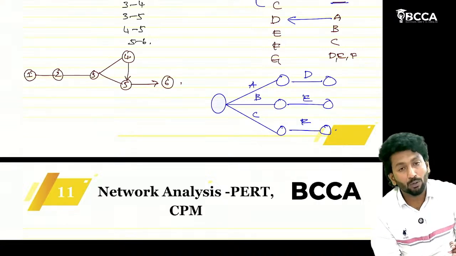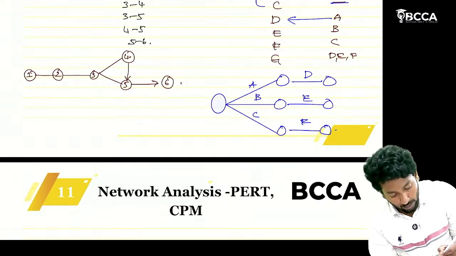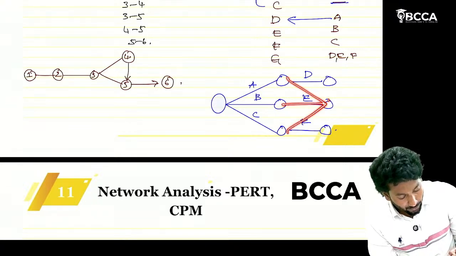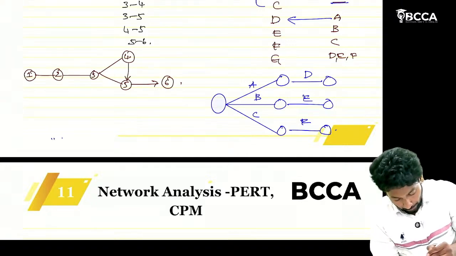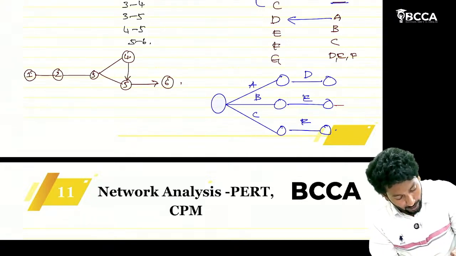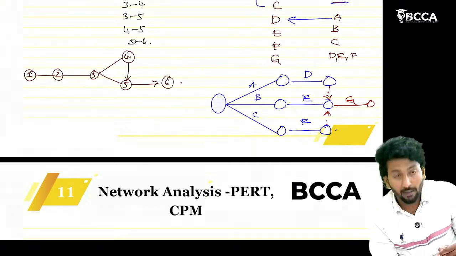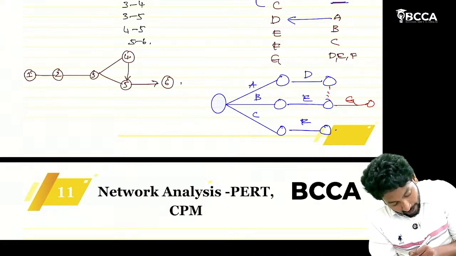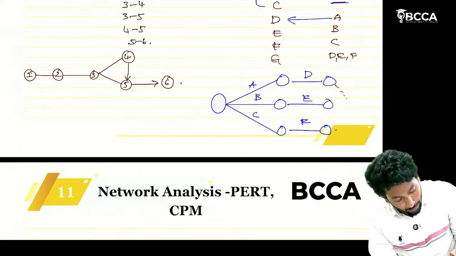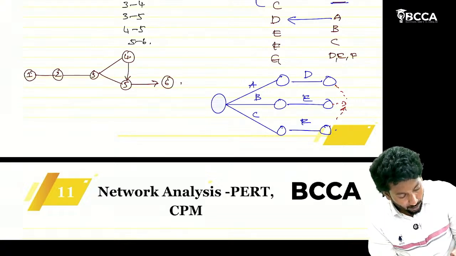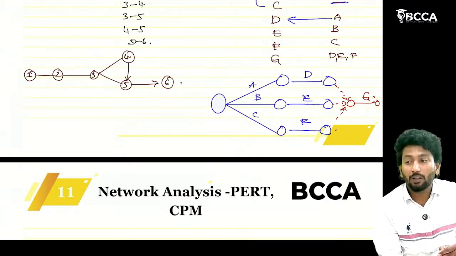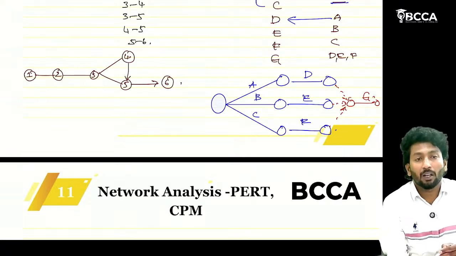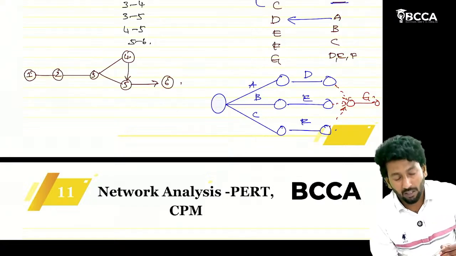For that we can use dummies, or else without using dummies also we can connect D, E, F like this, and from here we can draw G. Or you can connect dummies like this and like this, taking a dummy from each of these three activities, and then draw G. In most situations you should try to avoid dummies, but if you need them, it's not wrong.